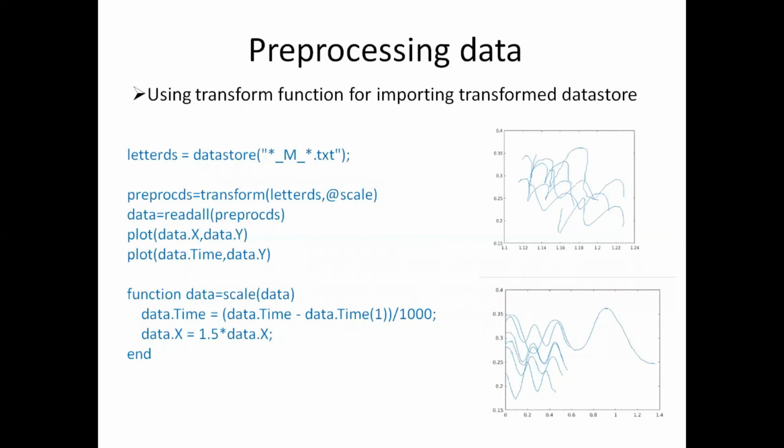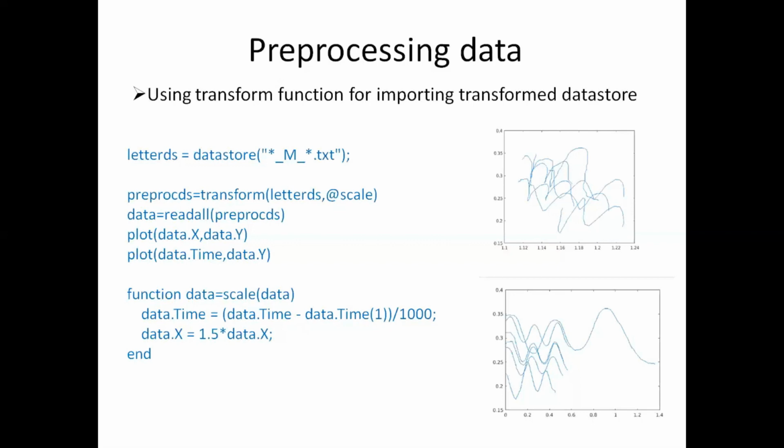What we do here is, first we load all the files for the character M, and then we use the transform function. The inputs that we are passing are the variable letter ds, where we have imported all the files, and scale, which is the name of the function that we wrote in the previous step.